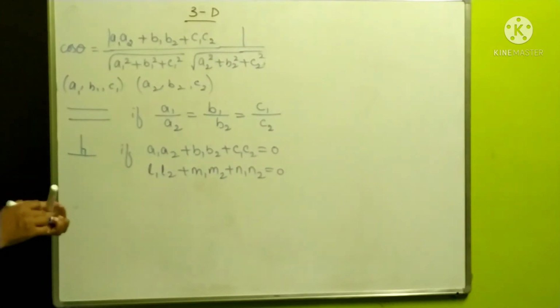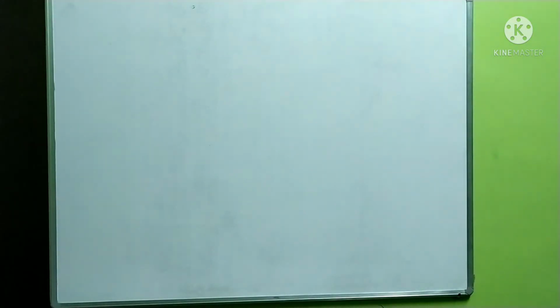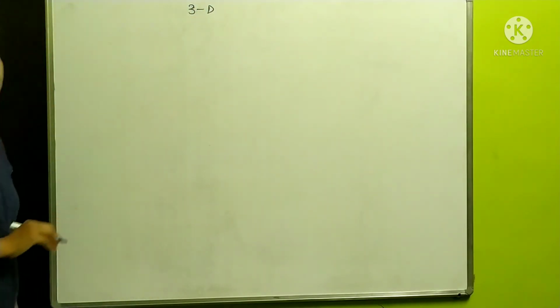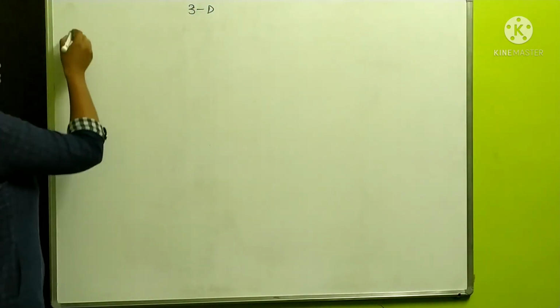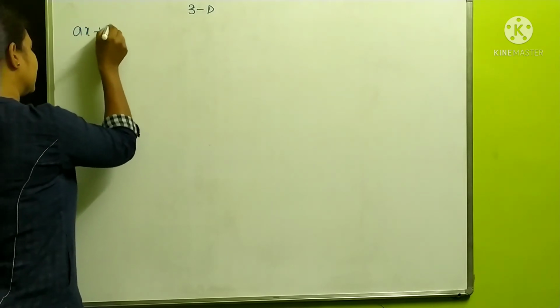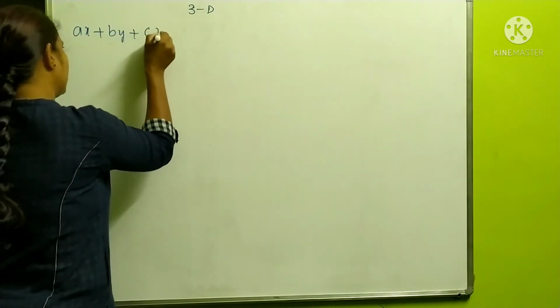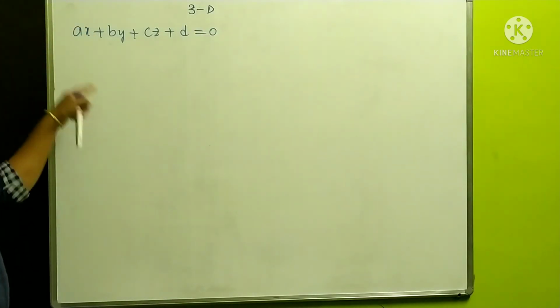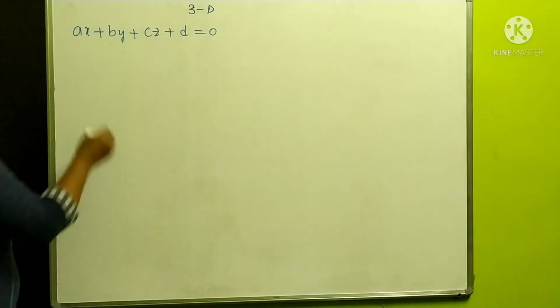Okay. Now let us move to planes. In 3D, let us move to planes. General equation of plane is given by AX plus BY plus CZ plus D is equal to 0.